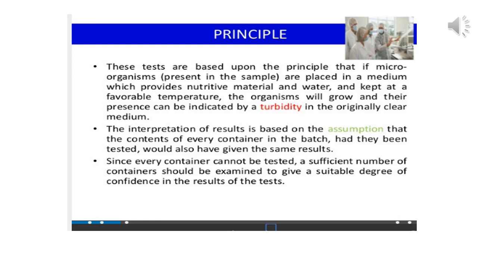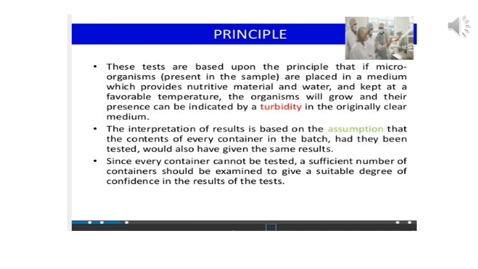Now if the vial that we have selected was contaminated with any microorganism, that microorganism is getting a very conducive environment because of the nutrient medium that we have provided. So ultimately it is going to lead to turbidity. So at the end of the experiment, turbidity indicates that your product in that particular batch fails the sterility test.